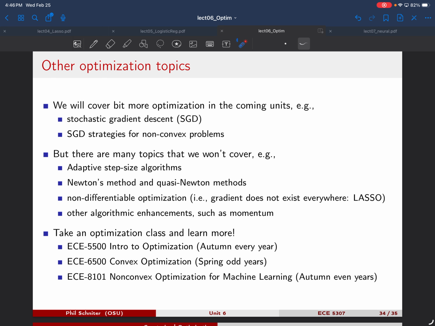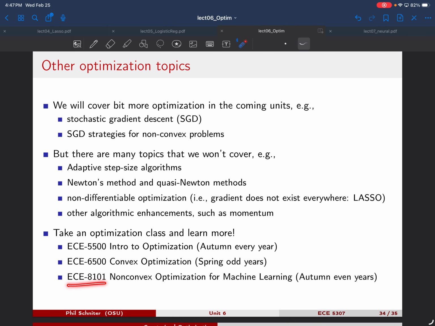But you can find these things discussed in other courses here at OSU. A few of them would be 5500, Intro to Optimization, taught autumn every year. This is a very broad, useful optimization course. Then we have 6500, which focuses on convex optimization and all those specialized strategies.